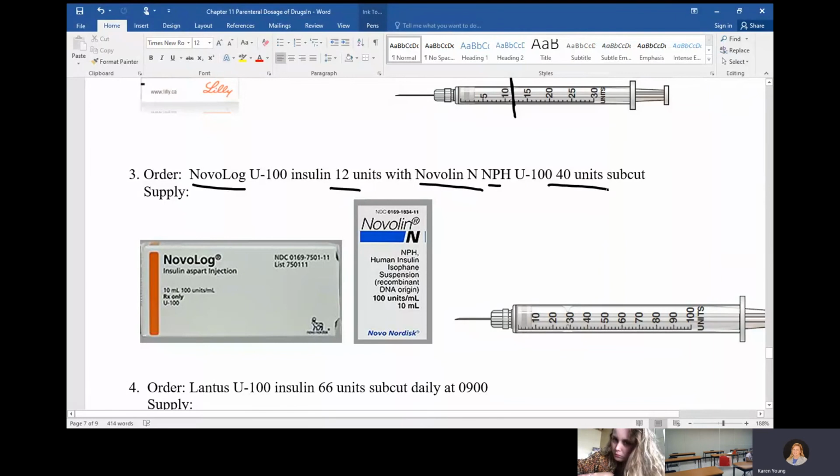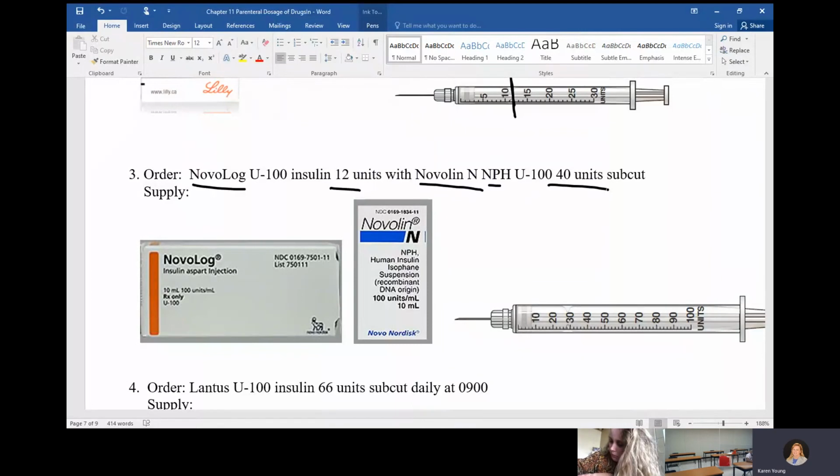So one's a longer acting, one's a shorter acting. And in nursing, you're going to pull one of them before you pull the other one. They say cloudy before clear, so one of them's cloudy, one of them's clear. That part you'll get in the nursing program.